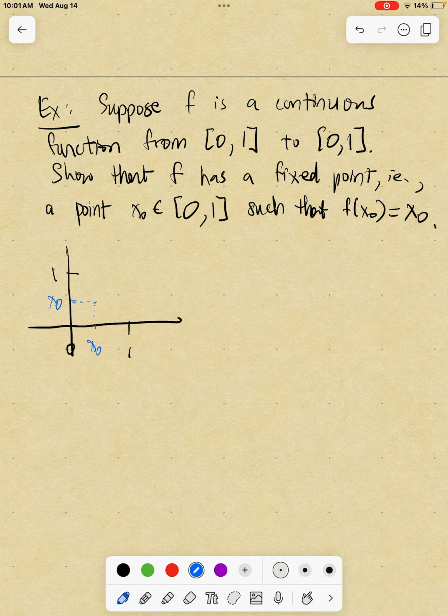So the graph has to pass through (x0, x0) for some x0 between 0 and 1. All right, before I prove this, I think it would be a good challenge to pause the video and see if you can figure out why this is true before I reveal the answer. Okay, let's talk about the solution to this. So why is this true?